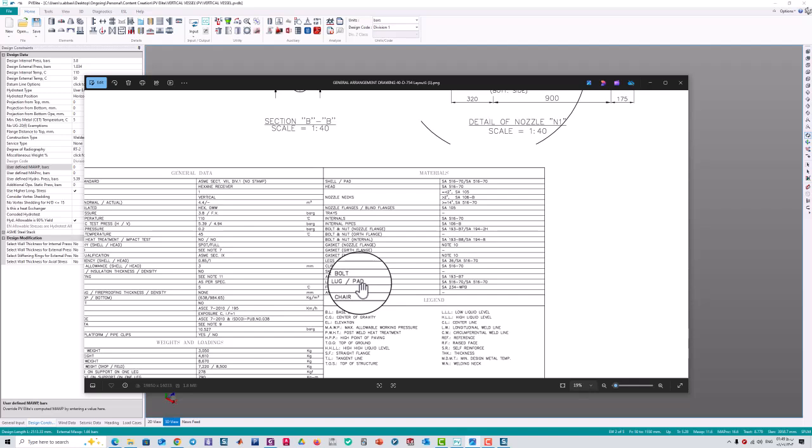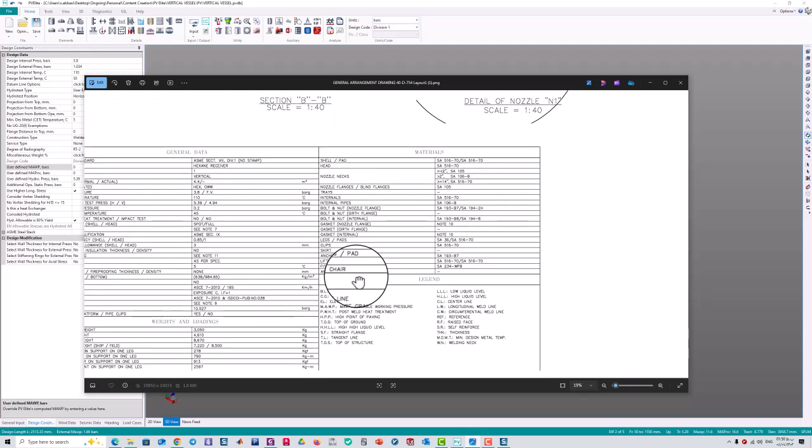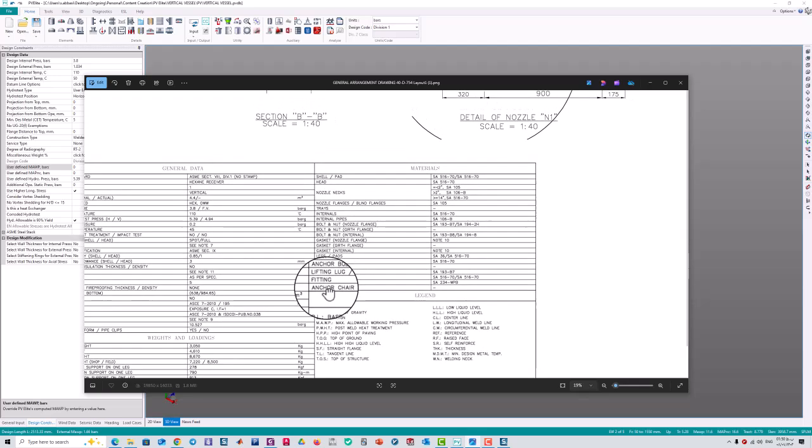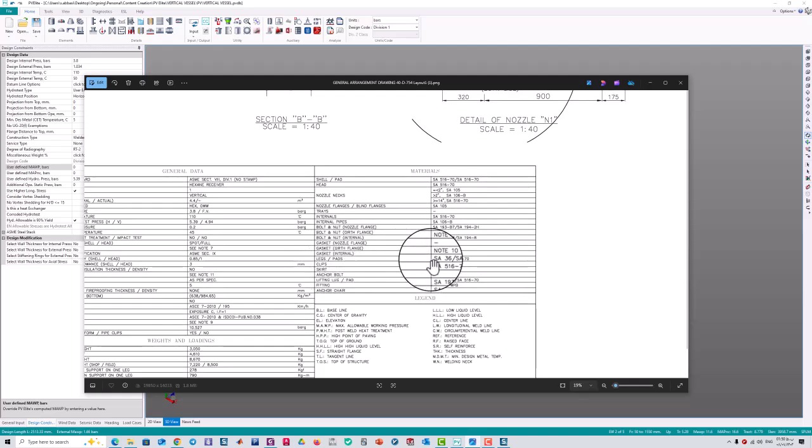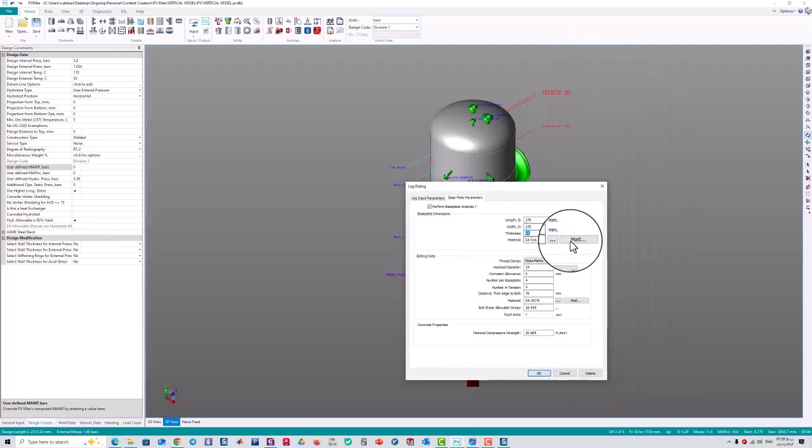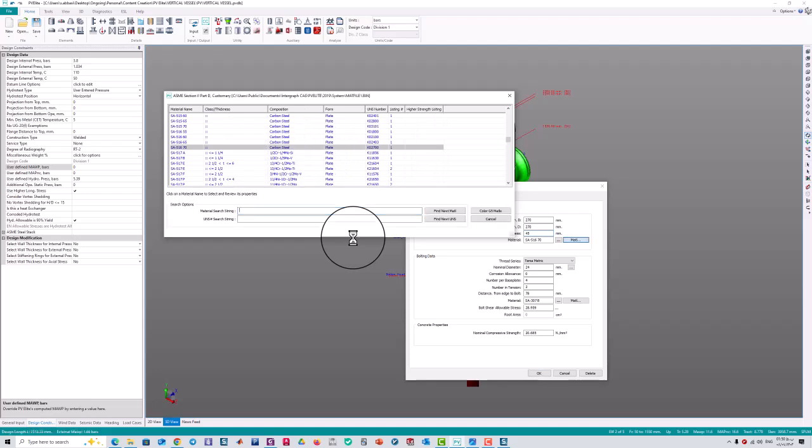And I'm going to find out any related material for the base plate, which isn't explicitly given in the DWG or datasheet of this vessel, and I'm going to take it as SA36.